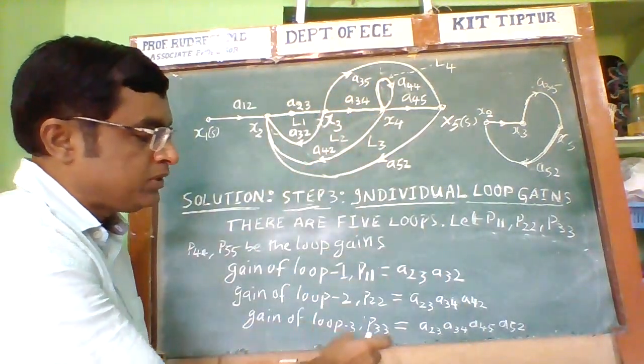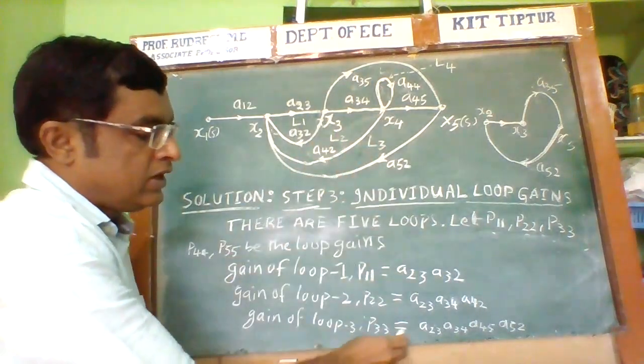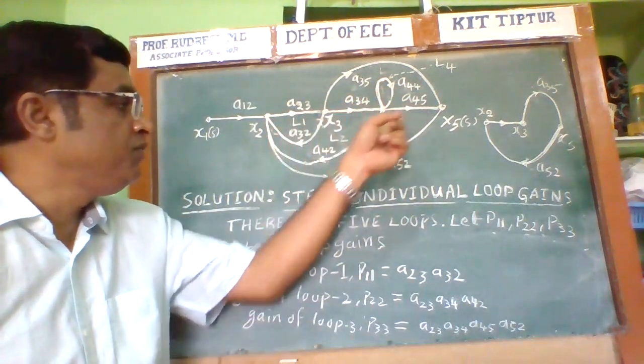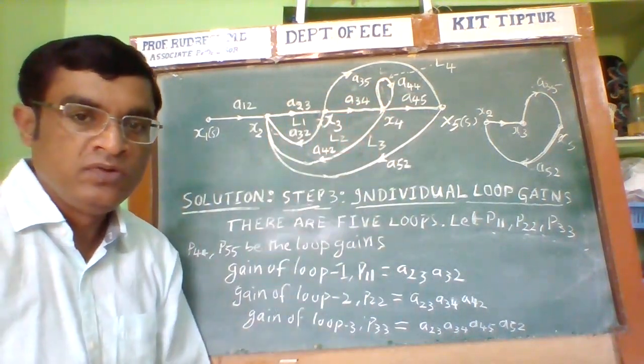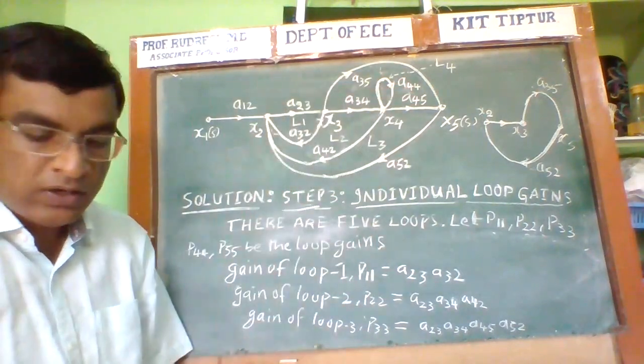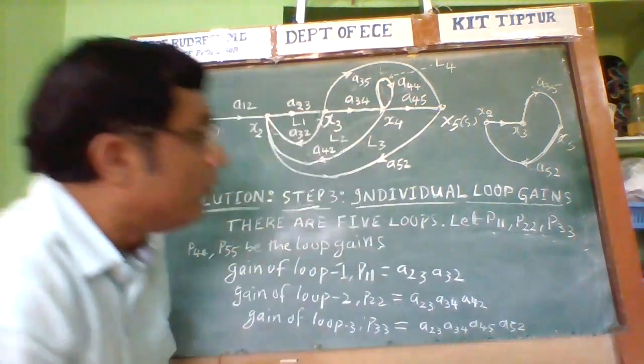Similarly, the gain of loop 3 is denoted by P33, and this is A23 into A34, A5 into A54. Similarly, we go for calculating the loop gain of the other loops.